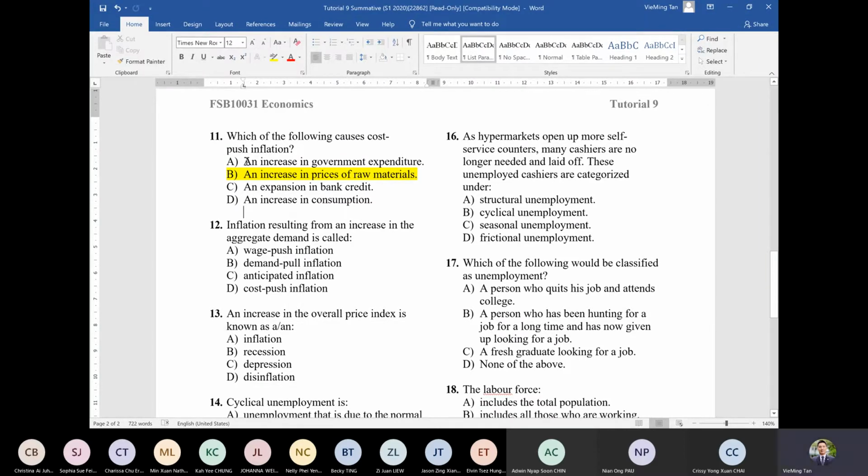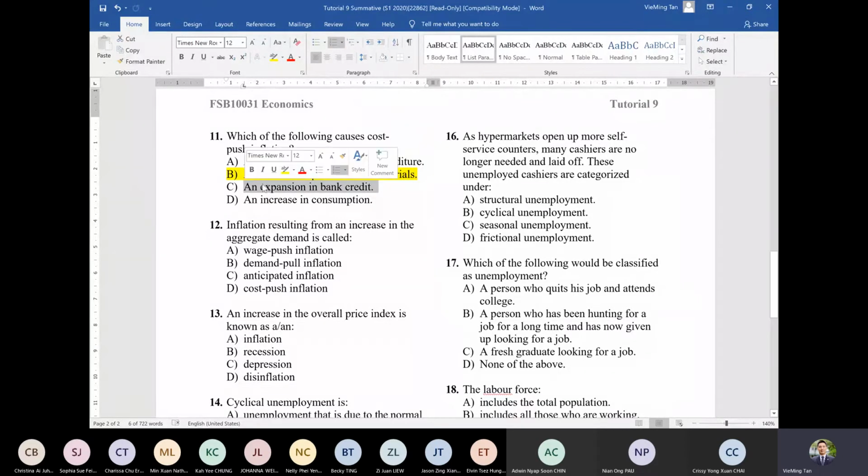A will cause the government expenditure to increase. This will cause demand pull inflation. A is for demand pull inflation. C is expansion in bank credit. Expansion in bank credit encourages people to borrow money from the bank. When it is easy to get credit from the bank, this can encourage investment.